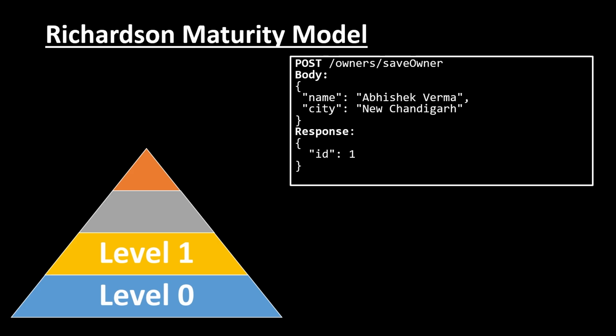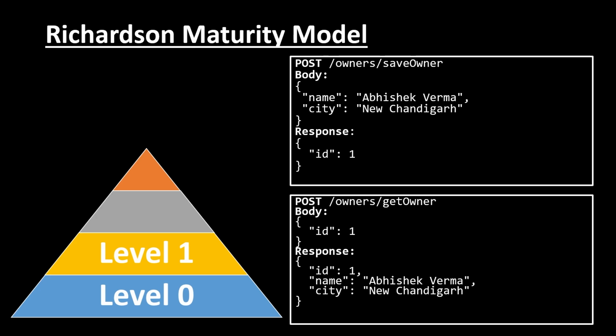So this is your owner resource which we are passing, and in the response we are getting the integer resource. Then when we are saying get owner, you see in the URL we are saying post again, and there in the URL itself we are saying get owner. Now in the body, we are passing the integer resource, and in the response, we are getting the owner resource. As simple as that. So this is level 1.